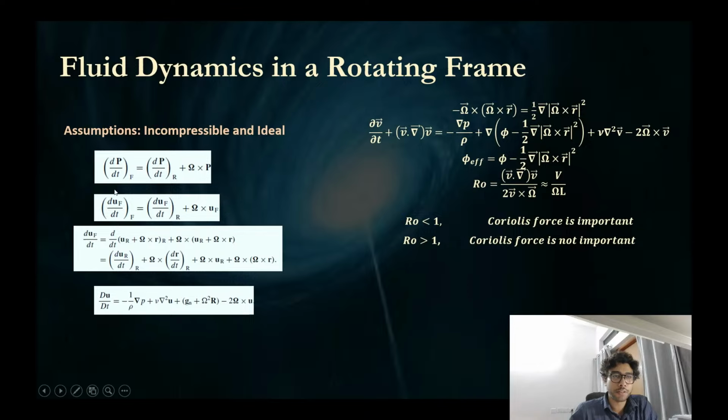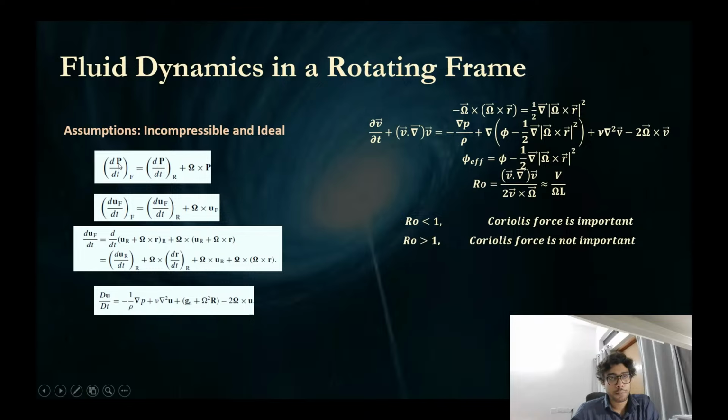We replace p with u, right? U that is as observed from the fixed frame by the observer. Because this is the quantity that we are going to measure, right? From our perspective, we are not going to sit on the rotating jar. So we are at a fixed frame, and we'll measure only this uf.